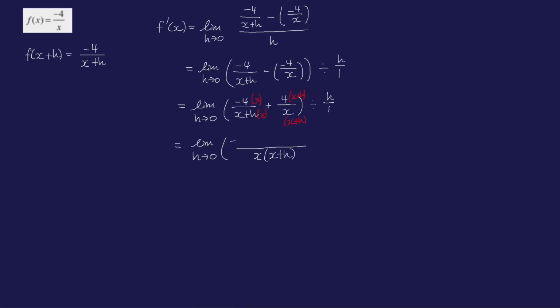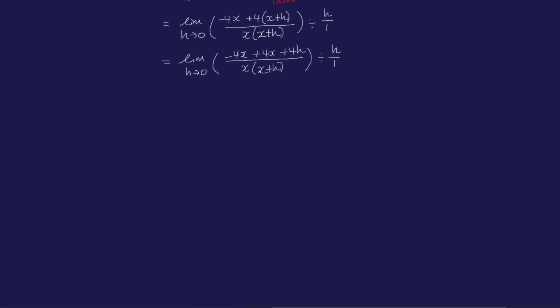And then here I'm going to have minus 4 times x plus 4 into x plus h. And then divided by h over 1. So then we have the limit as h approaches 0 of minus 4x plus 4x plus 4h all over x into x plus h, and then divided by h over 1.